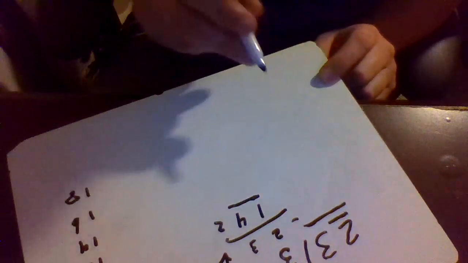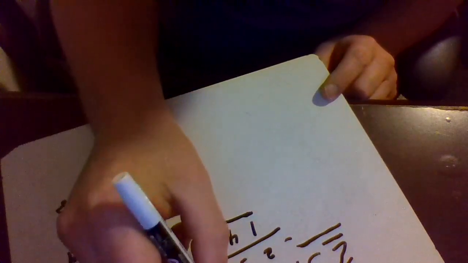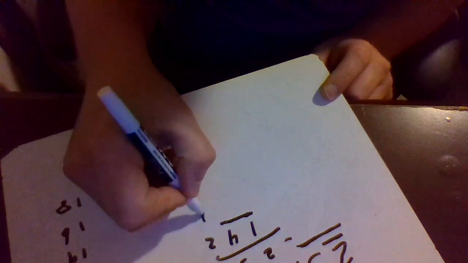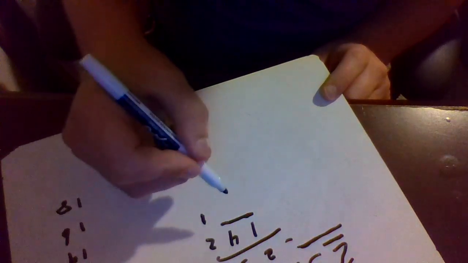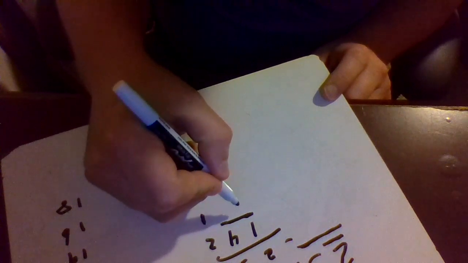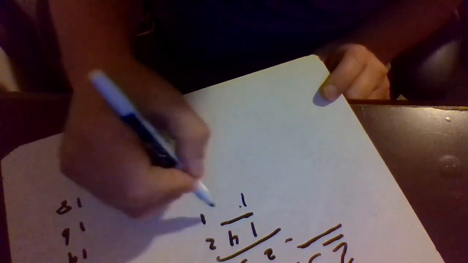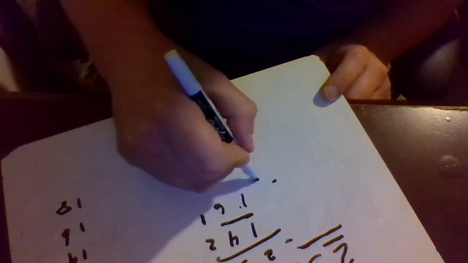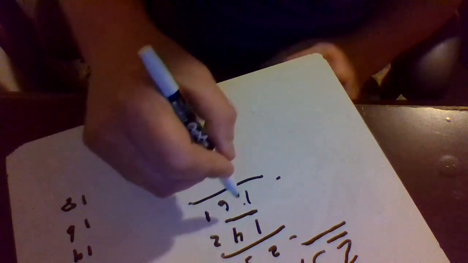Okay, so now we multiply. 7 times 3 is 21, and we carry the 2. 7 times 2 is 14, plus 2 is 16. All right. So the bottom number is bigger than the top, so we can't subtract that.